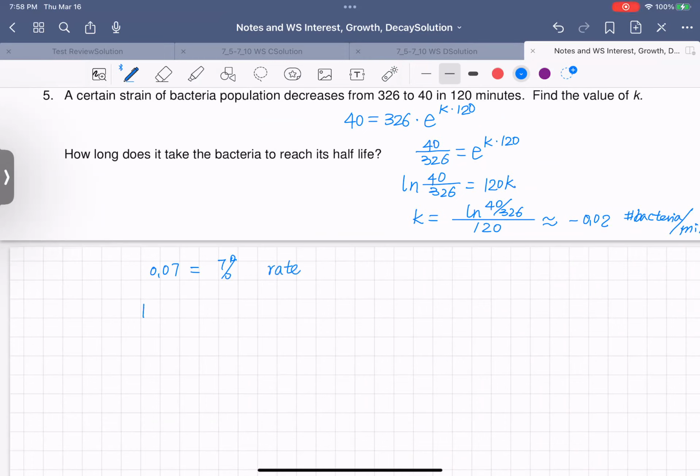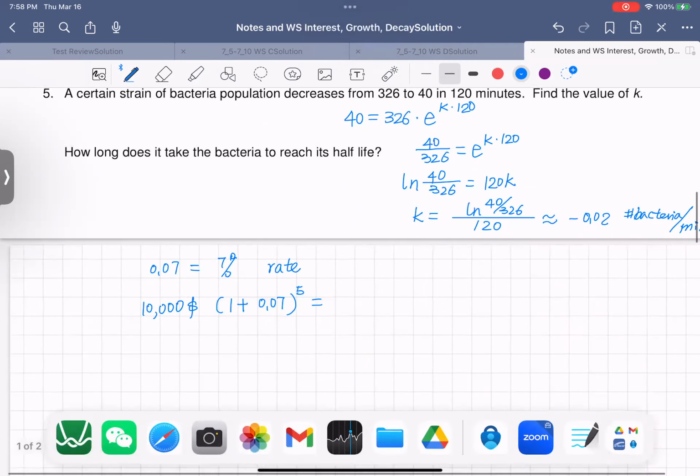You have $10,000 initially. Most of the time they don't give you compounding continuously, it's going to be annually. So you do 1 plus 0.07 to the power of, for example, 5 years, if you put this money in the bank for 5 years.